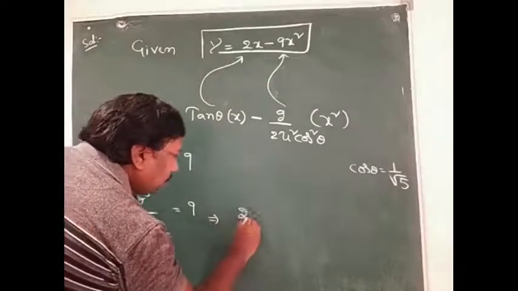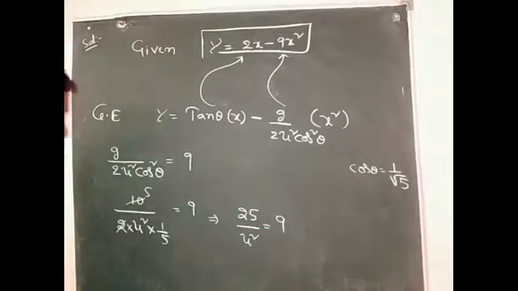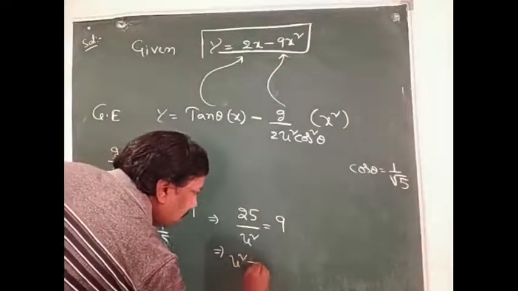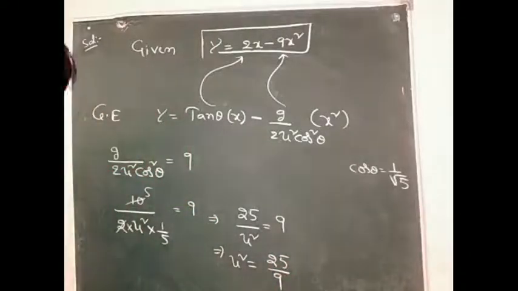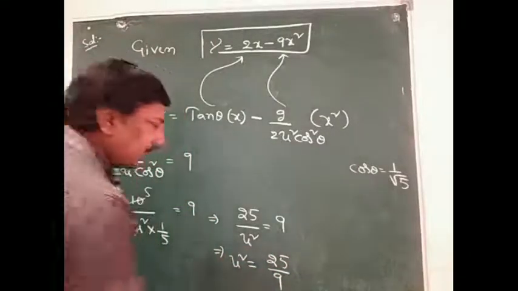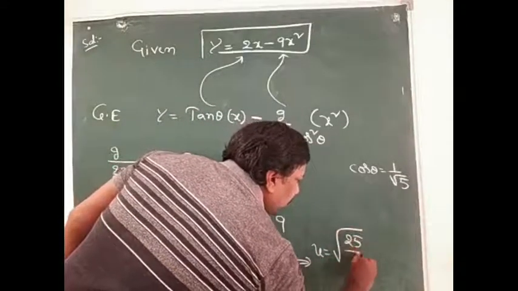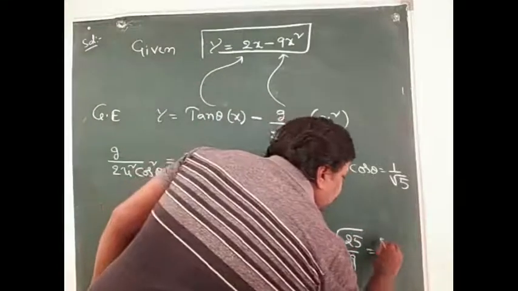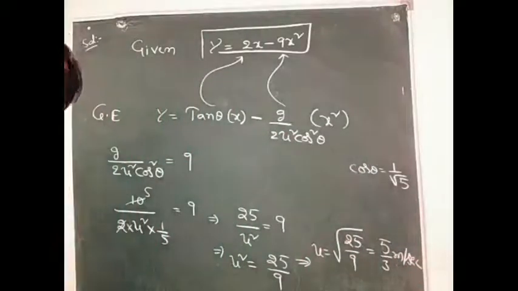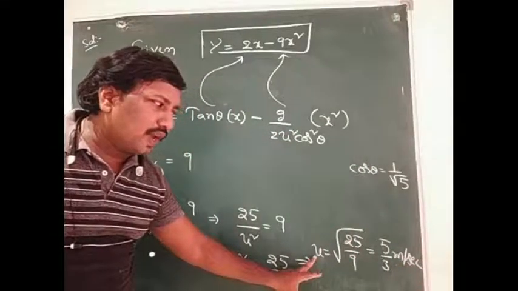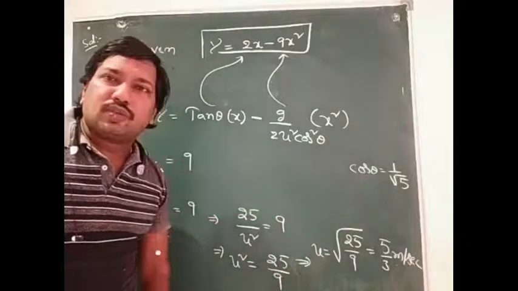Therefore 25 u square equal to 9, so u square equal to 9 by 25, and u equal to root over 9 by 25, that means 3 by 5 meter per second. So this is the initial speed. Here the initial speed is 3 by 5 meter per second and the angle of projection theta equal to cos inverse 1 by root 5.